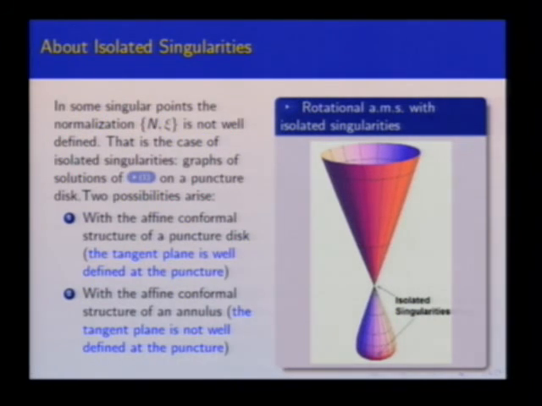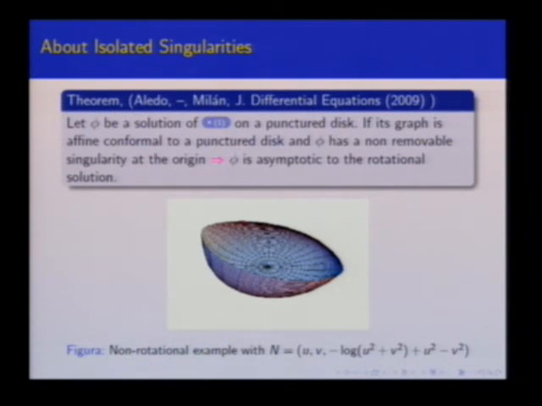In that sense, it's possible to classify the solutions of the maximal equation which are conformally a punctured disk, because all of them must be asymptotic to the rotational solution. It's like the picture here. All of them are in some sense next to a rotational solution like this.